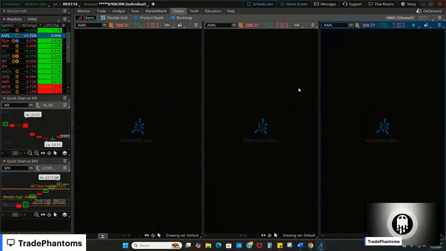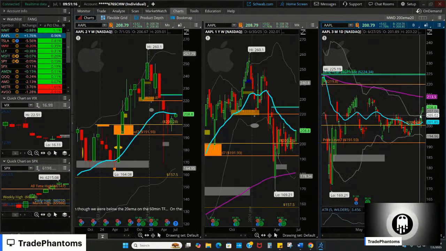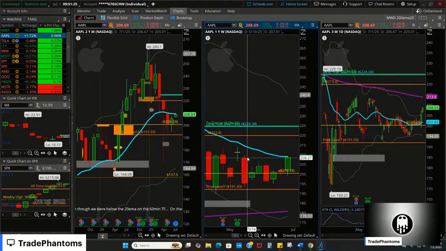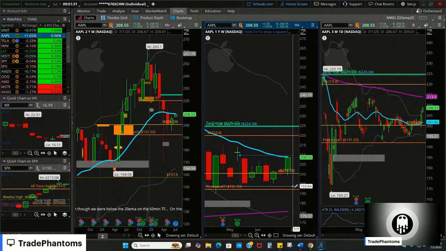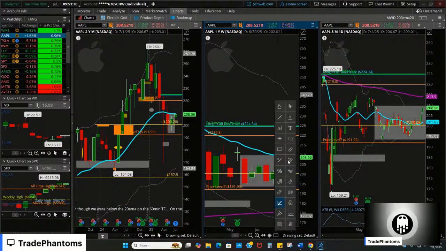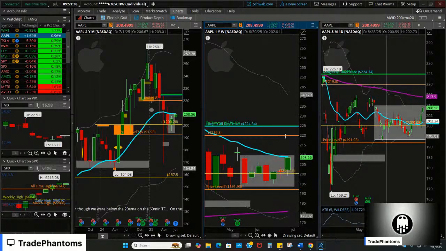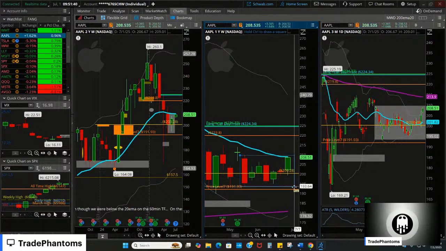Apple, gonzo, but it's actually trying to start to hold and start to break. It has not been the case for multiple weeks. Now this trade has been a failed trade for six weeks, so just be careful with that. This is the mother bar all the way over here on the weekly.